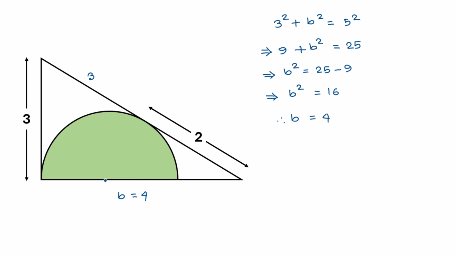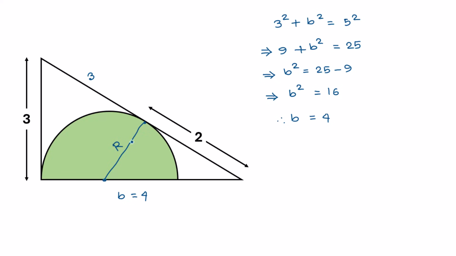Consider this is the center of this semicircle and join this tangent point and this center, we will get this line. This indicates the radius of this circle. Consider this as r.